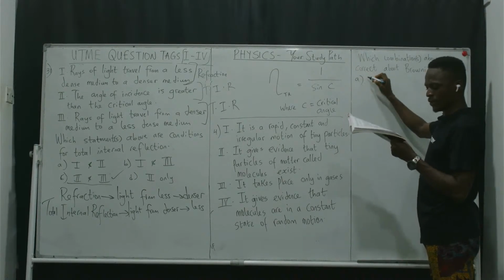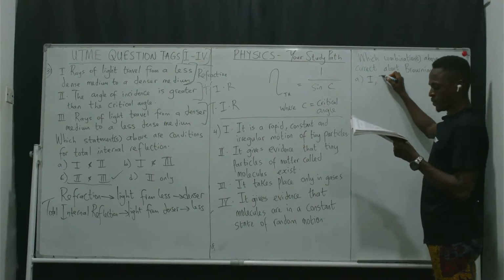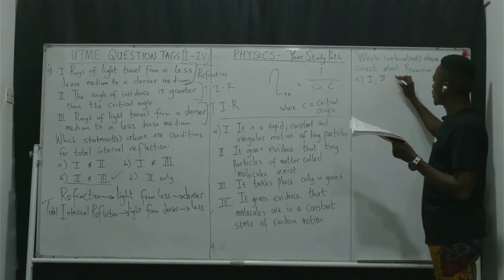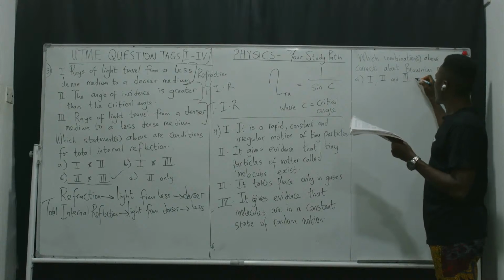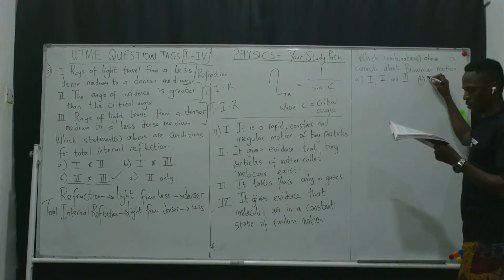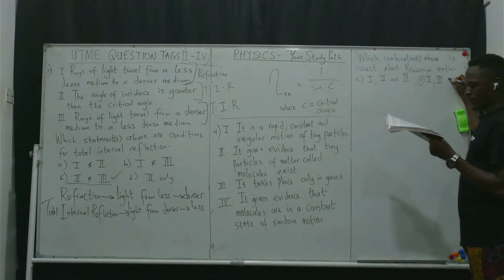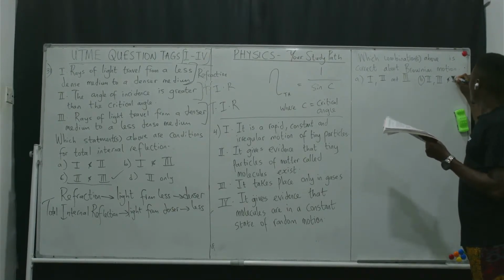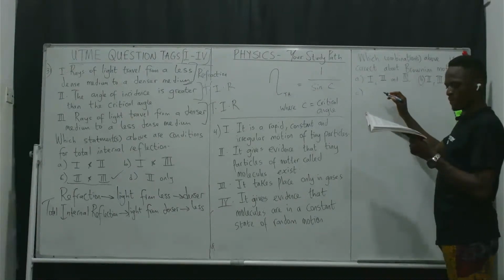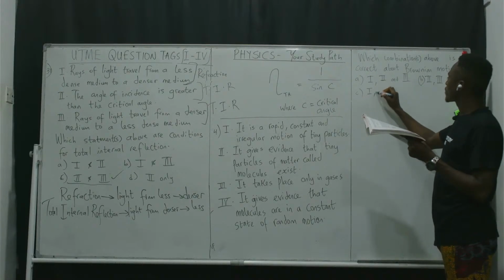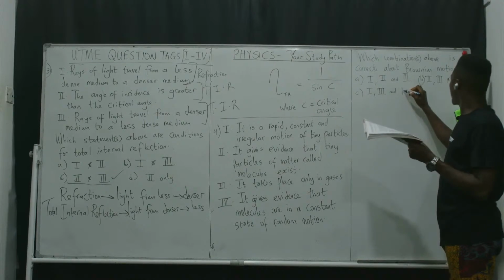So we have A saying I and II. B says I and IV. C says II and IV.